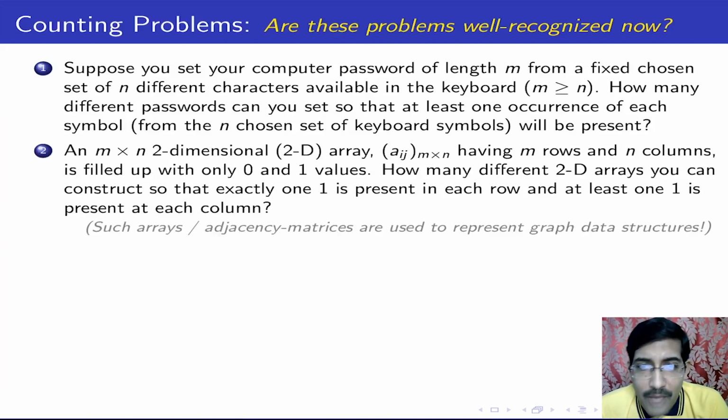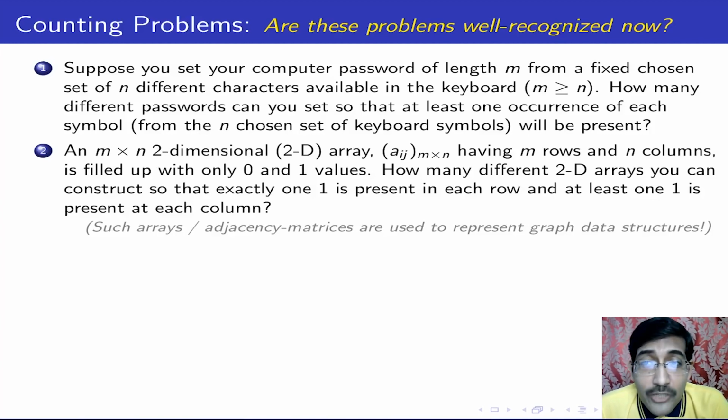Suppose m cross n is a two-dimensional array of m rows and n columns, and it should be filled up with 0 and 1 values. I gave you 0 and 1 values because in algorithms and other courses you will see that such arrays are called adjacency matrices, predominantly used to represent graph data structures. So it has some relation with computer science.